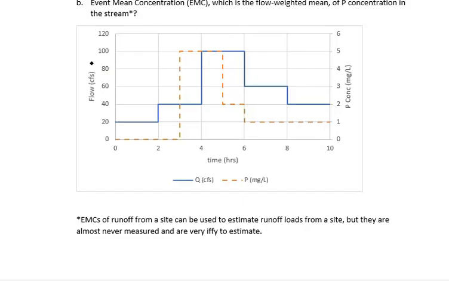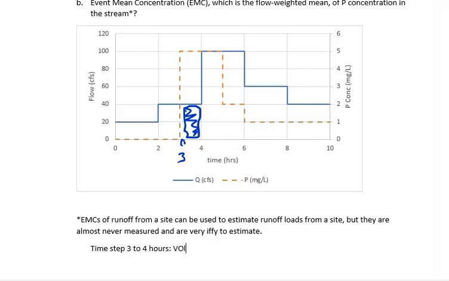So let's do this time step here from 3 to 4 hours. So the volume of water that happens during that time is, I'll type this out, the time step 3 to 4 hours. And again, I recommend doing this in a spreadsheet.